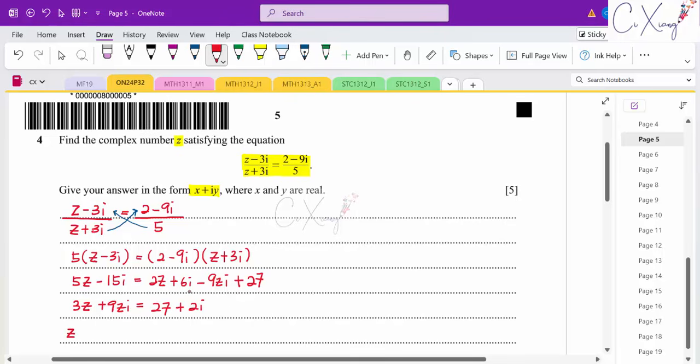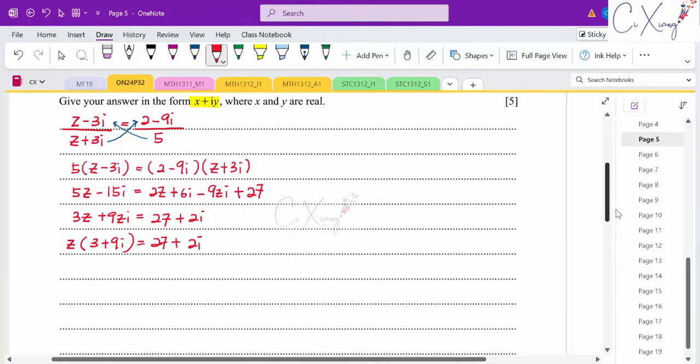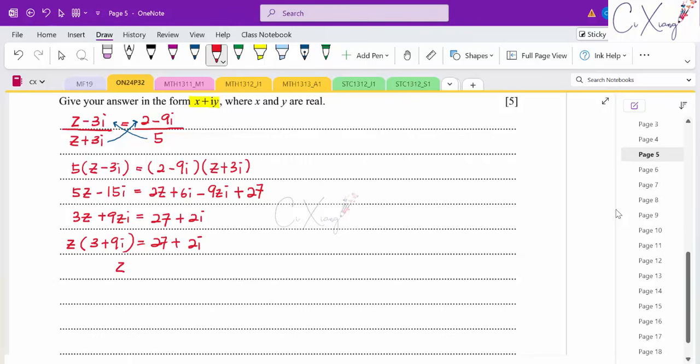Okay, so to find the z, I can factorize them out. Okay, so next step, excuse me, what I have here is this one. So z basically equals to this complex number, but of course, in this stage, I need to rationalize it. Okay, yeah, so sorry, I think I made a careless mistake here. This one should be 21i.